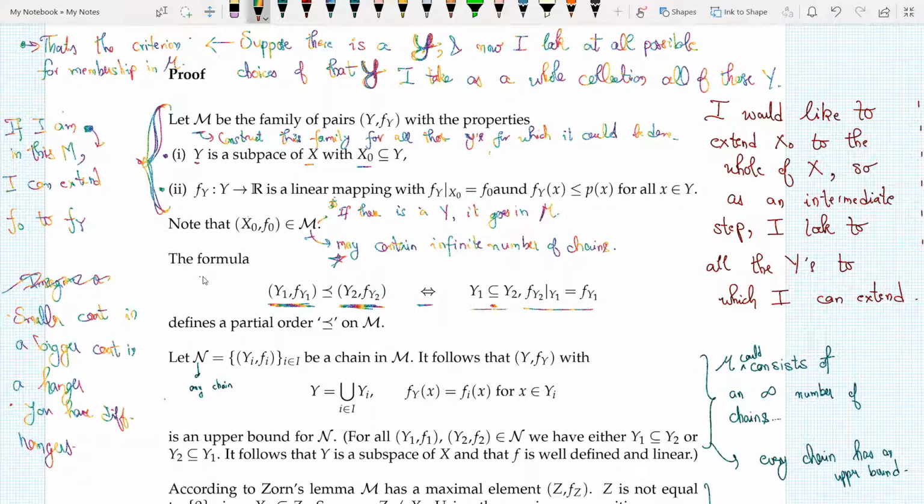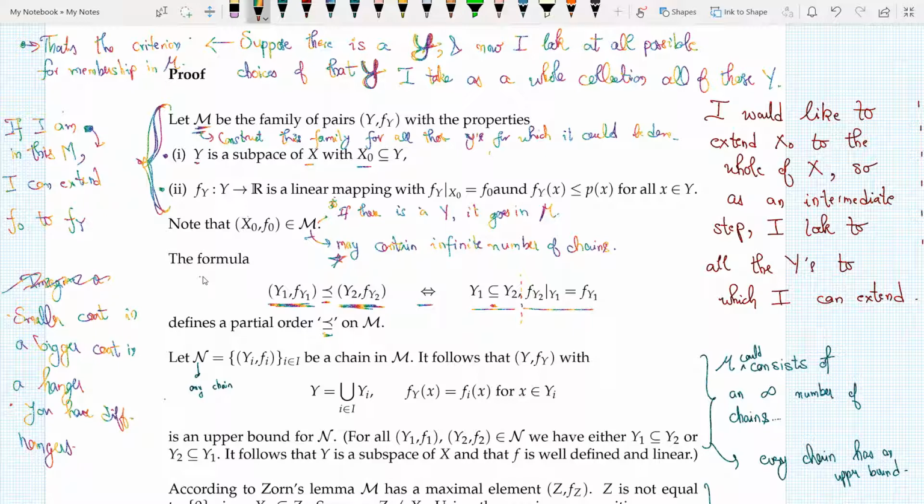So this is how I define my partial ordering. This partial ordering holds if and only if these two conditions are satisfied. Now I have a partial ordering on my family of pairs.